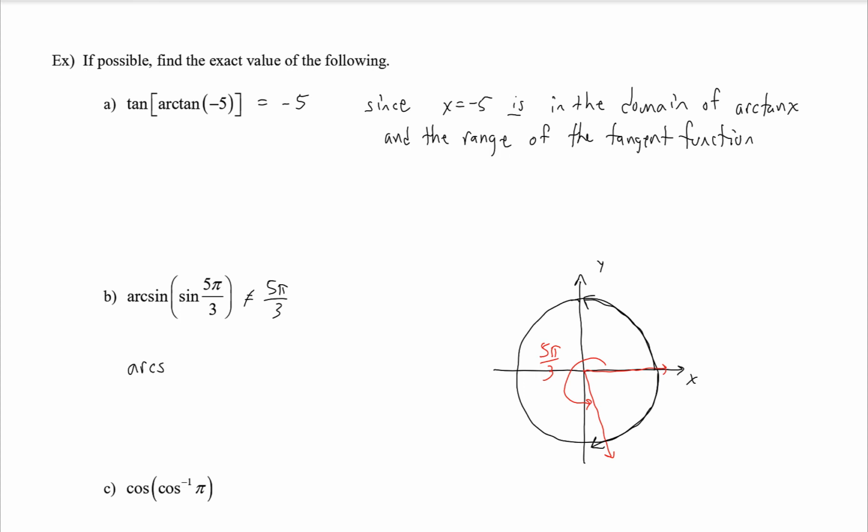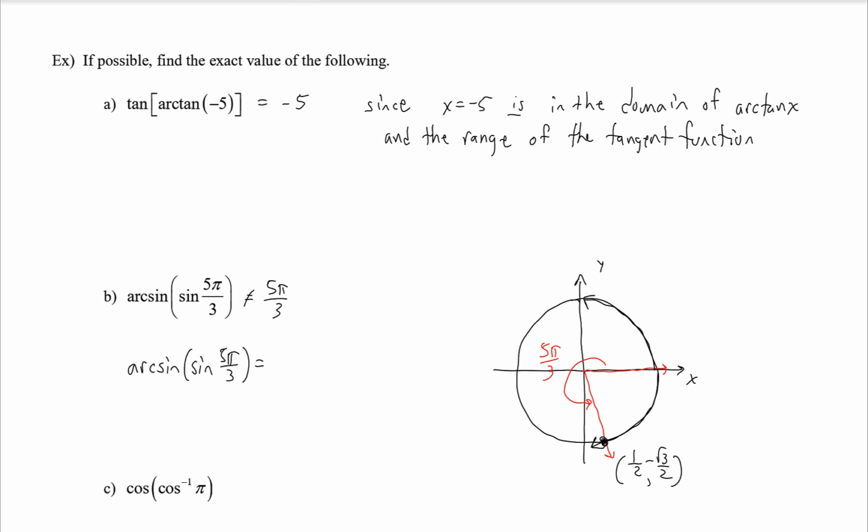So inverse sine of 5 pi over 3, well, we know that 5 pi over 3 hits the circle right here at this coordinate. That's 60. So this is at 1/2, -√3 over 2. My picture's not very good, my scale's not great there, sorry. But that angle is not allowed. It's not a possible output for inverse sine. But we can come up with one that is.